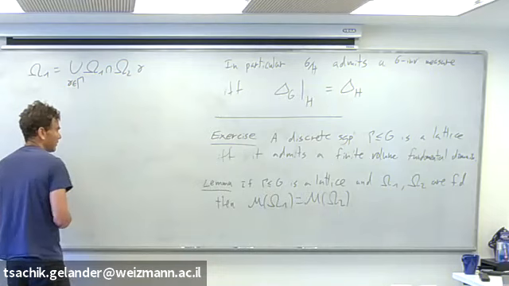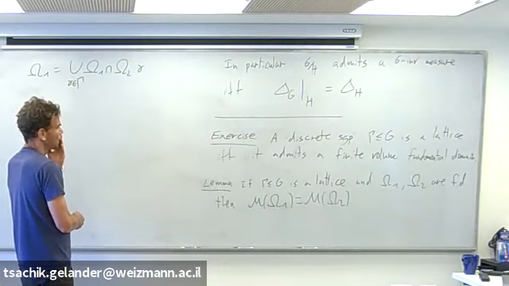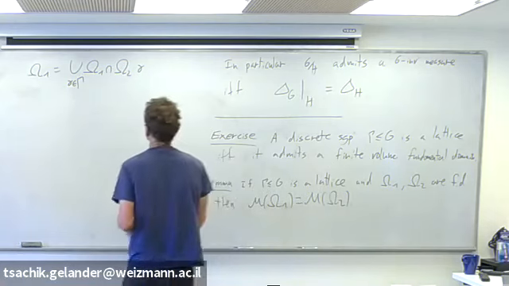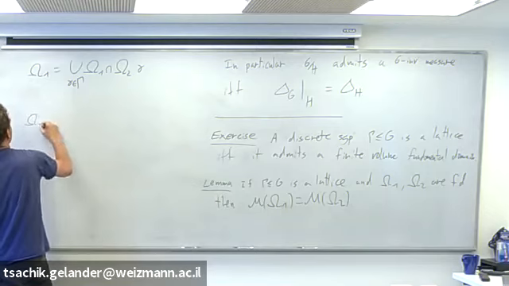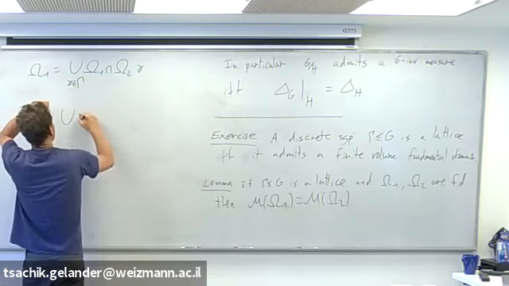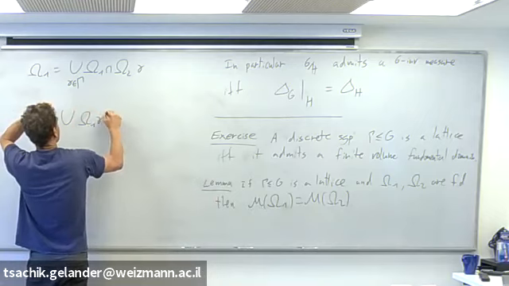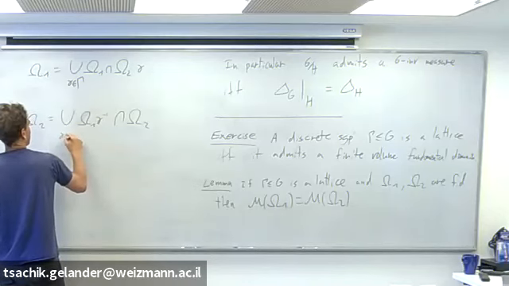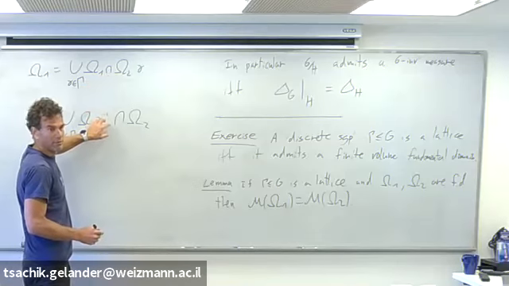Okay, maybe I don't give this the right way. And then Omega 2 I can write as the union of Omega 1 gamma inverse, which is actually Omega 2 gamma, which you see if I take this set and just translate it.